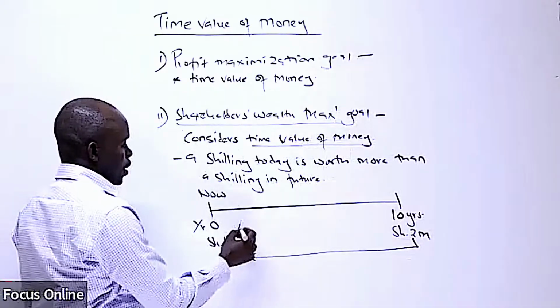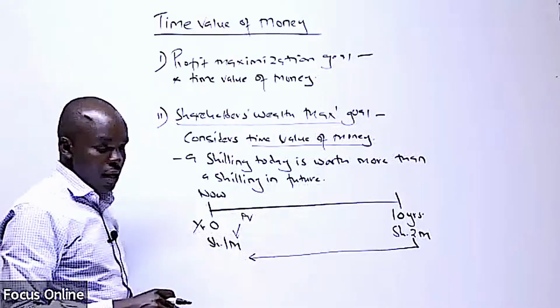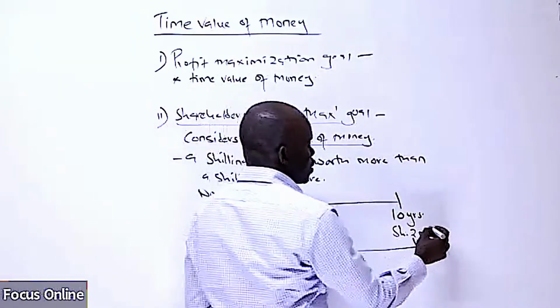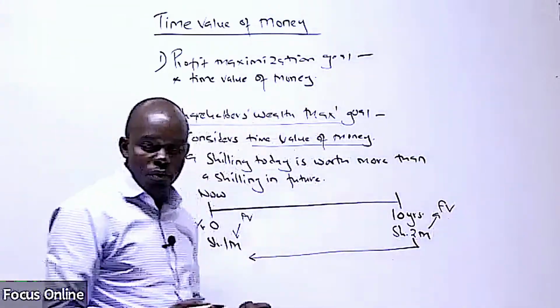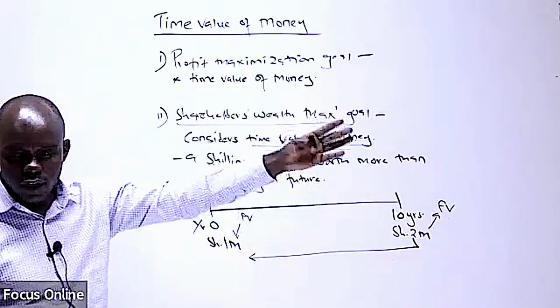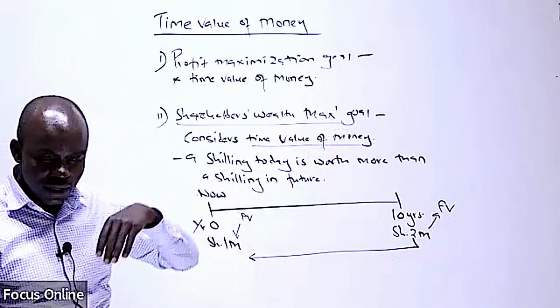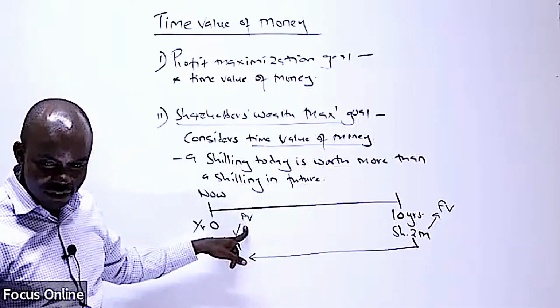This one is in present value. Present value means now. But this 2 million is in future value. If an amount is to be received in future, we say it is in future value form. If it's being received or paid today, we say it's in present value terms.